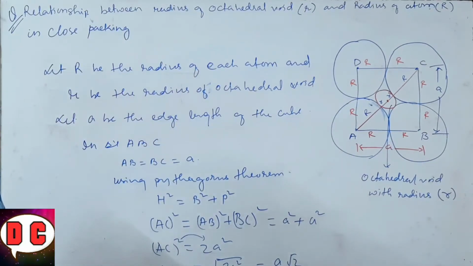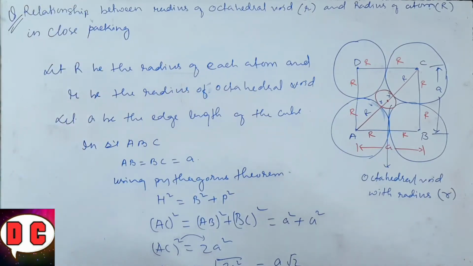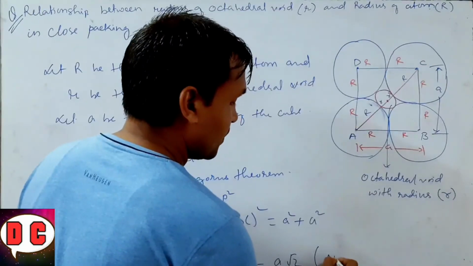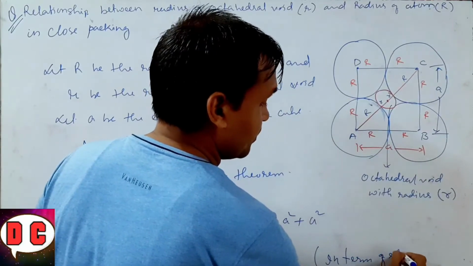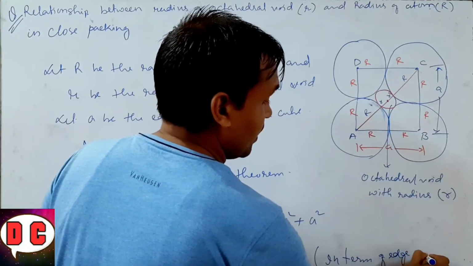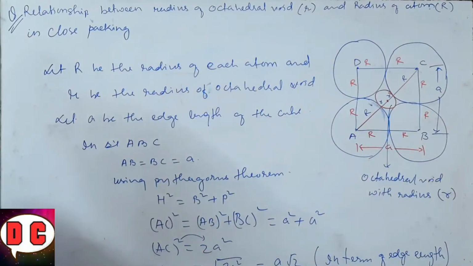Got it or not? Understood this one? Okay, fine. You can pause the video and take it down. We can write it here, this is the AC value in terms of edge length.